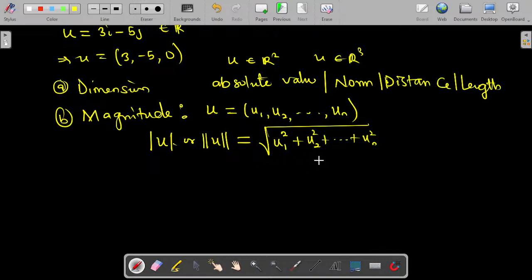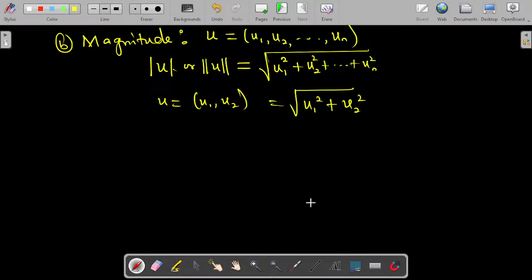So by implication, if my u is equal to u1 comma u2, it means that my magnitude will be the square root of u1 squared plus u2 squared. That's all. So let's go ahead and do examples on that. Example 1.